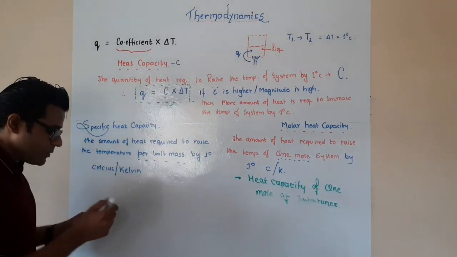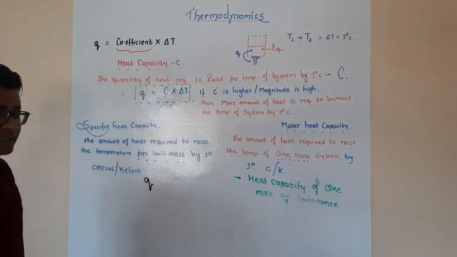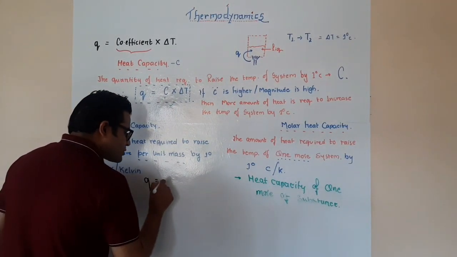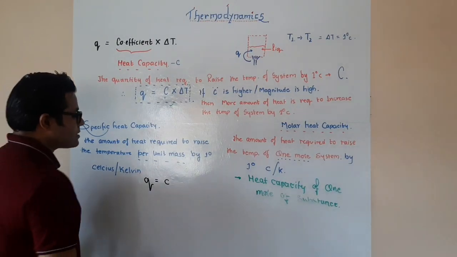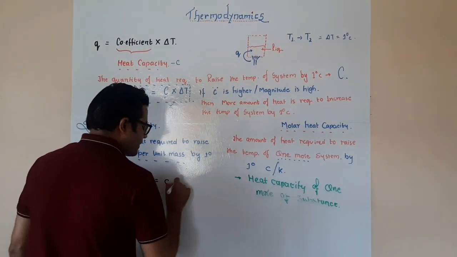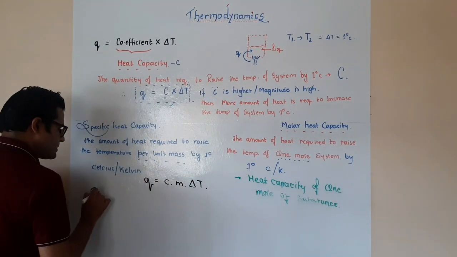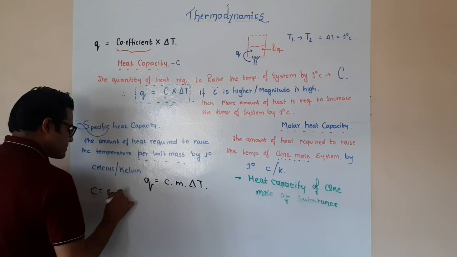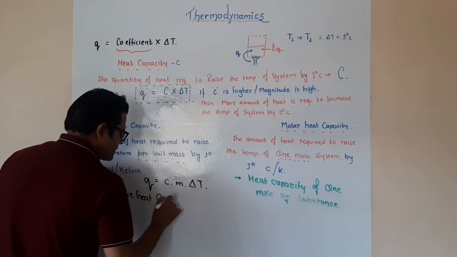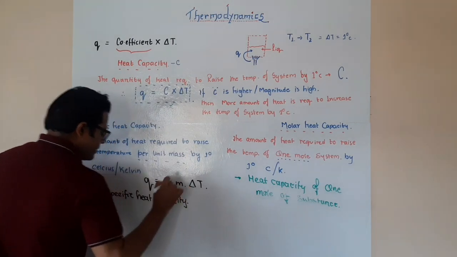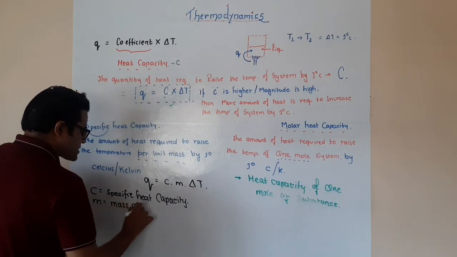Therefore, we have an expression: Q, which refers to the heat transferred, is equal to c, where c is a subscript, small one, into m into delta T, where c represents the specific heat capacity, m represents the mass of the substance.